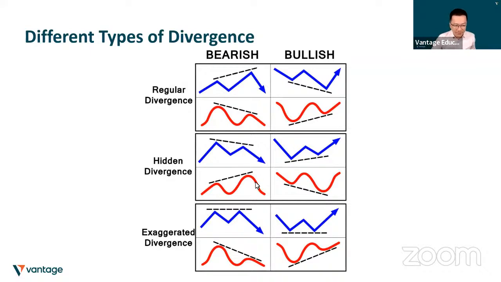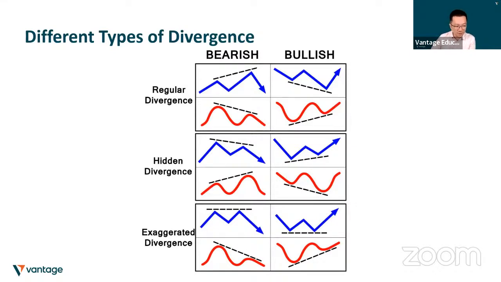We're going to see that hidden divergence, setting up for a bearish move towards the downside. Again, bullish would mean a flip of that, where we see price bouncing off higher and the indicators closing lower. All right.